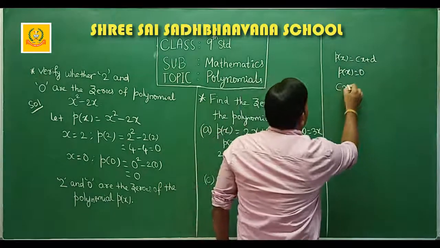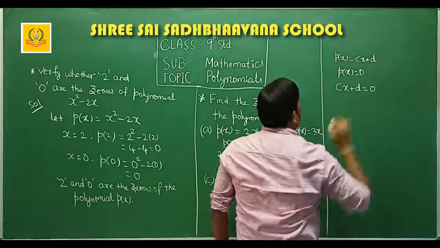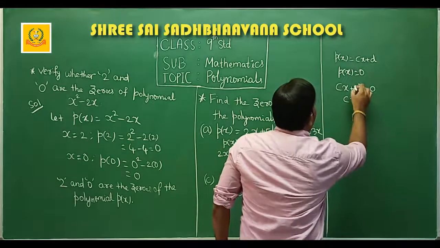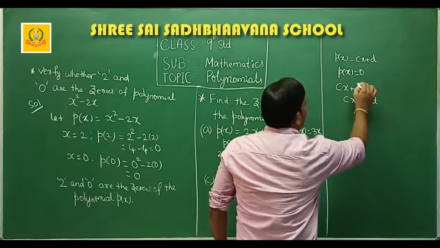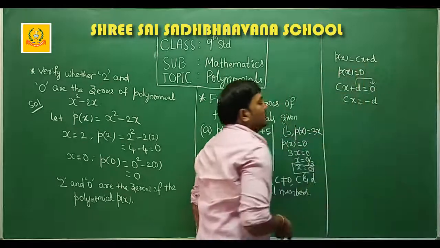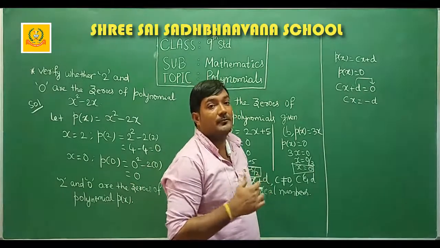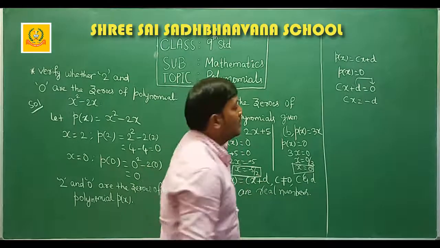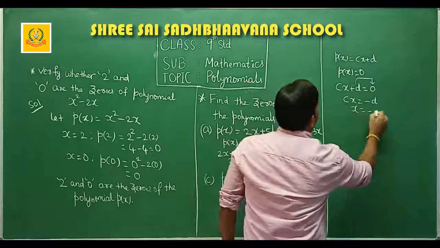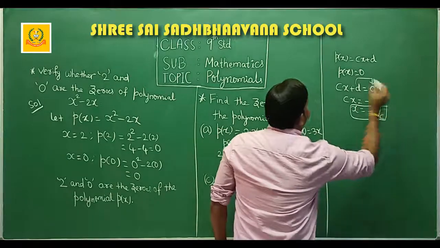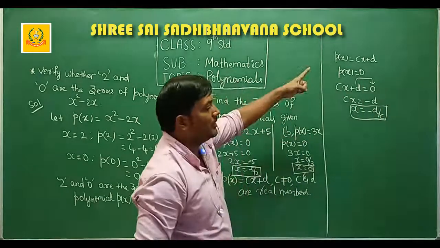So the first step will become cx plus d is equal to 0. Correct? So cx is equal to, when you send plus d to the RHS, it will become minus d. Understood? And x is equal to minus d by c.